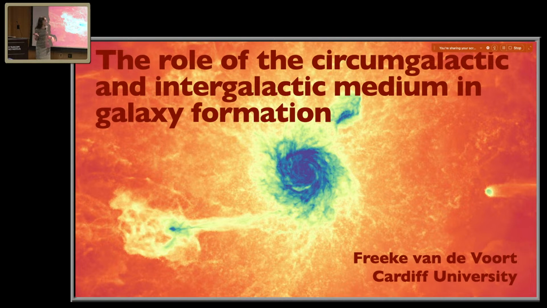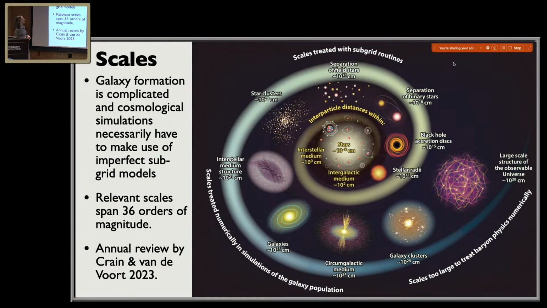So this is going to be mostly about simulations. I do a lot of cosmological simulations. There are also other methods where you can try to understand the circumgalactic medium better.